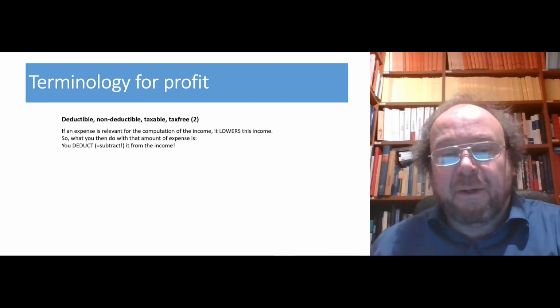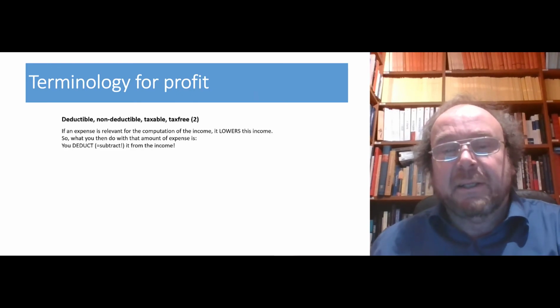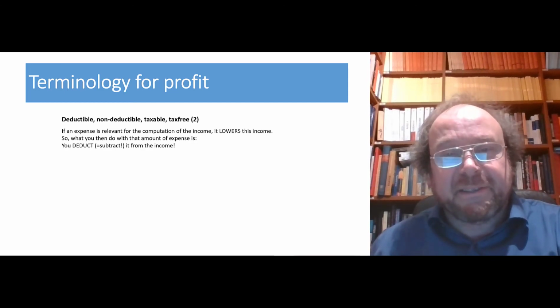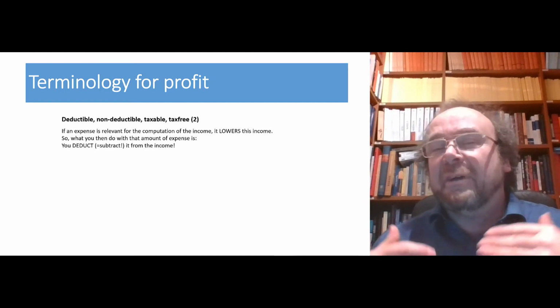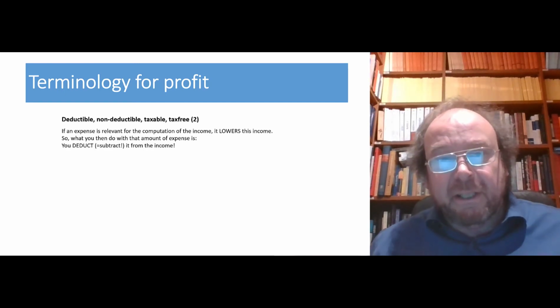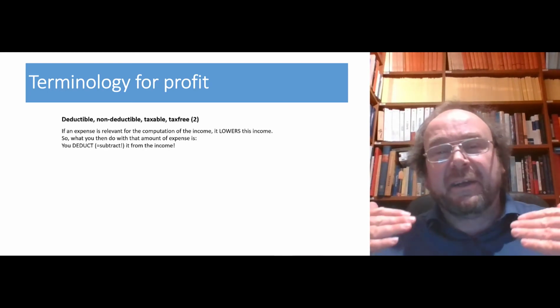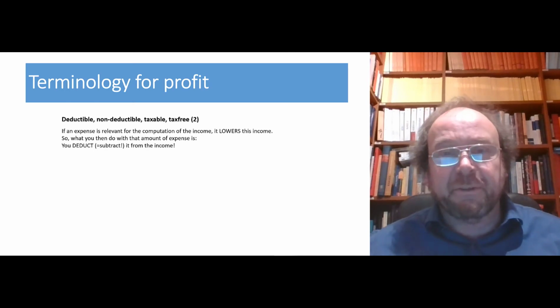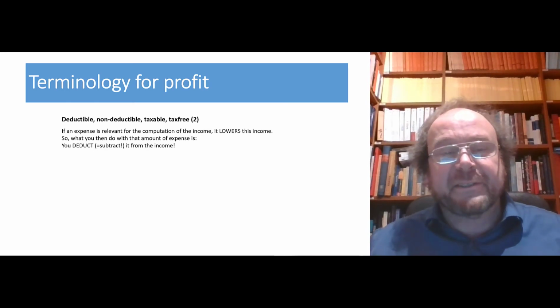The same now applies to expenses. Well, expenses are not taxed. When it comes to expenses, the only question is, well, I earned a revenue of, let's say, 35,000, and now my expenses lowered my income, so I can subtract them from the total of the revenue. I can deduct them.